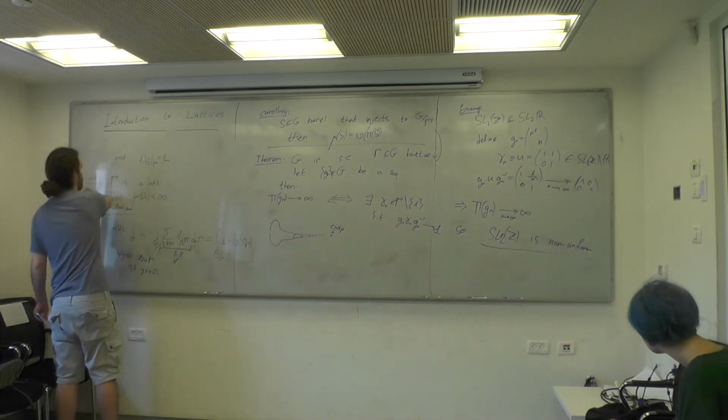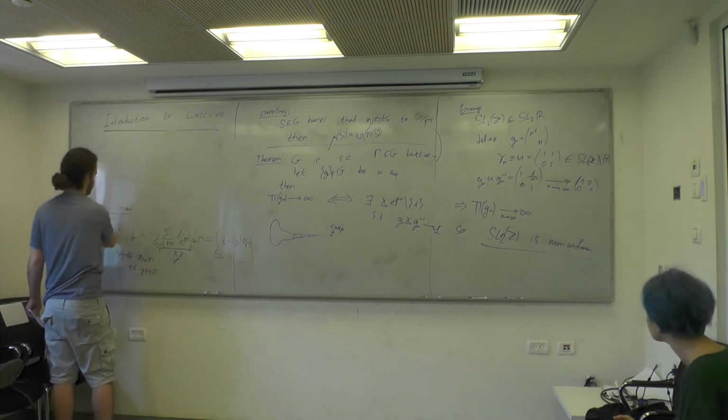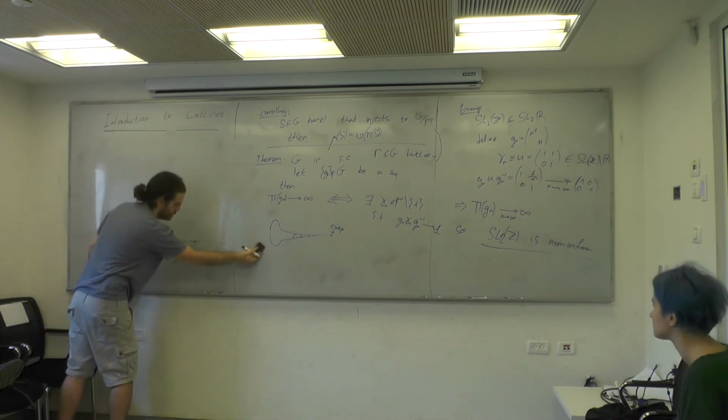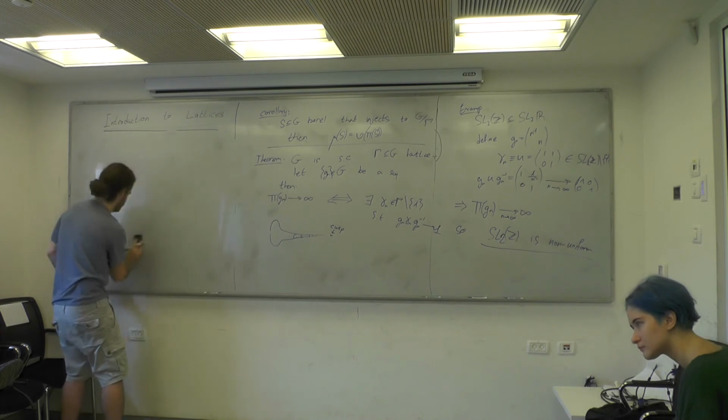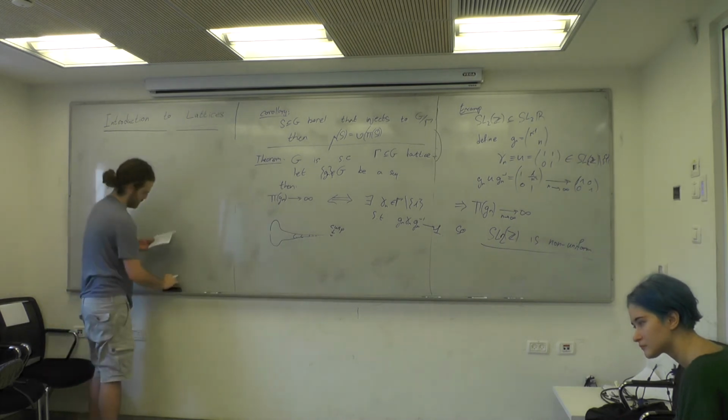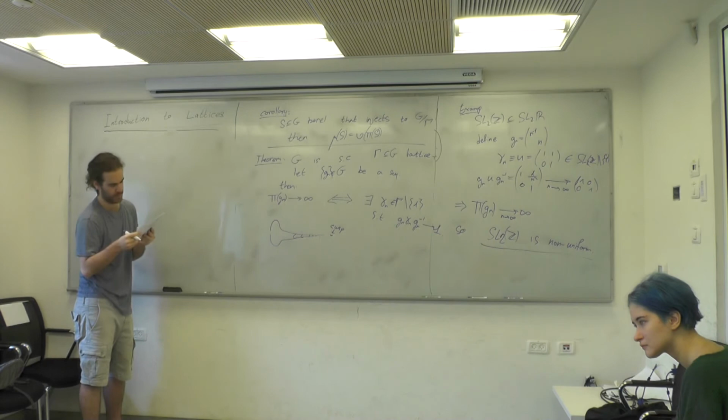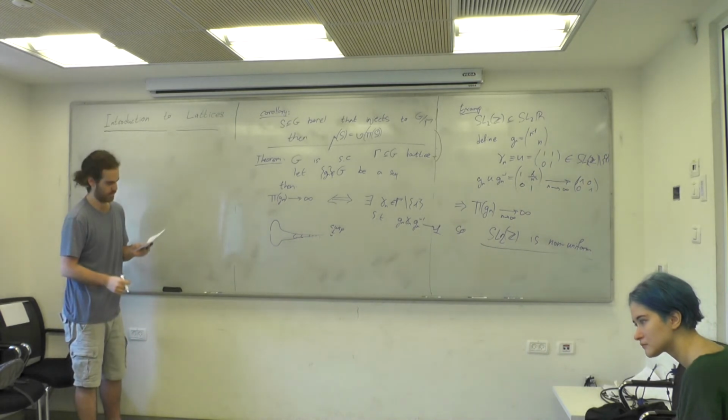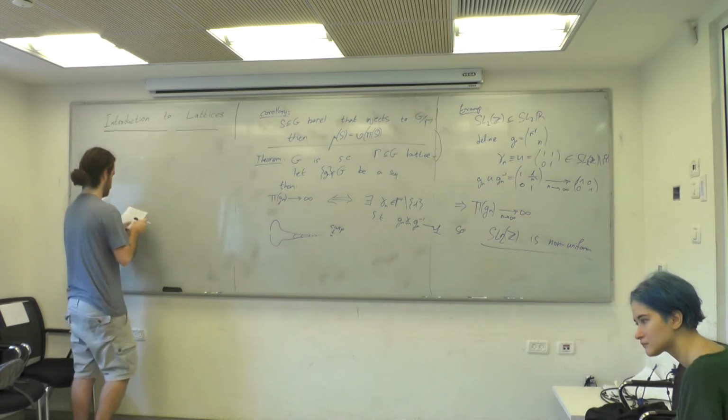There's a claim that says, for a semi-simple algebraic group with a unipotent element, I'll write it down, it's better this way.